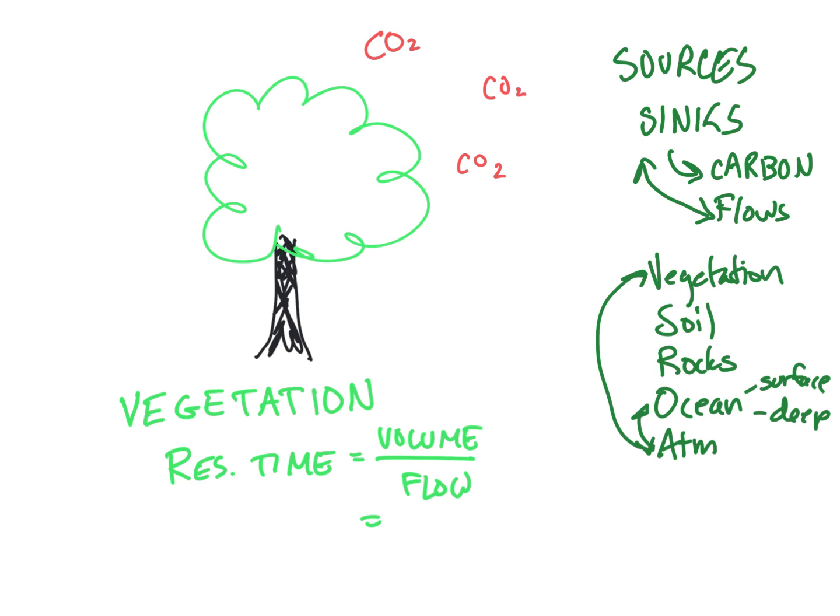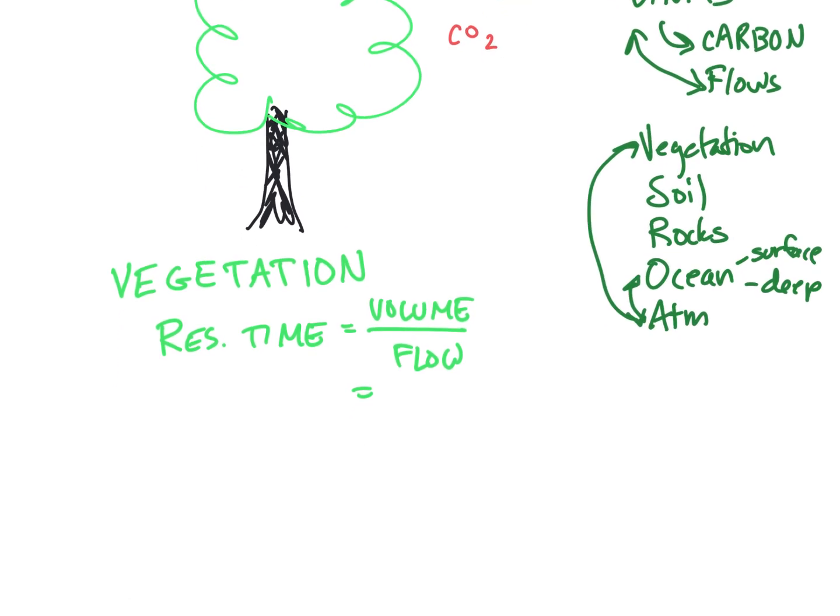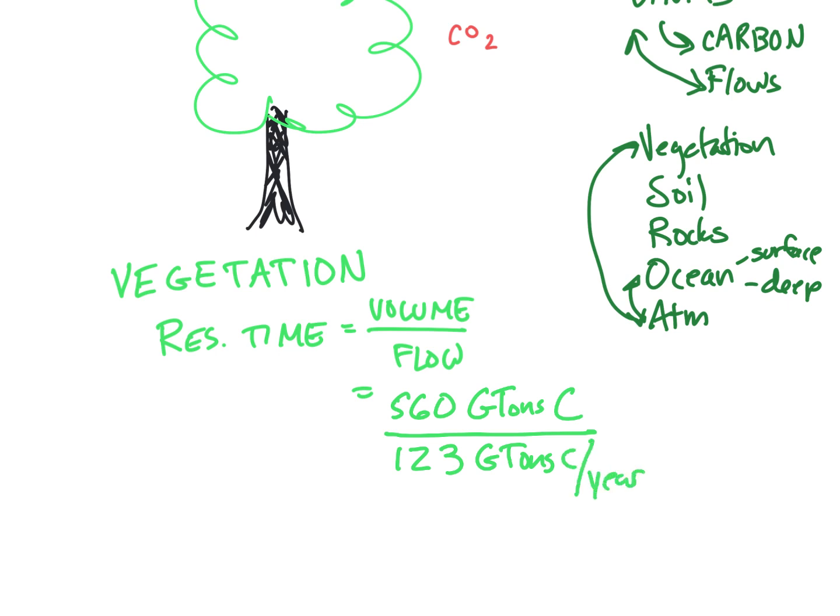In this case, the global volume of vegetation that's taking up carbon is about 560 gigatons of carbon. It's a lot of carbon. There is so much stored in vegetation. What's really interesting is that there's also a pretty high flow rate, and that is estimated to be 123 gigatons of carbon per year.